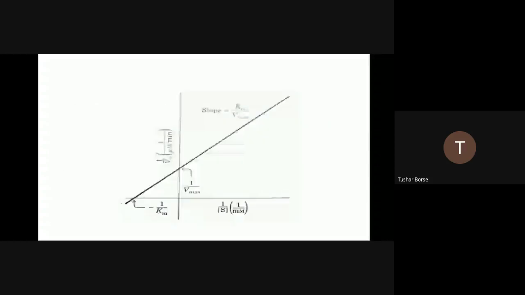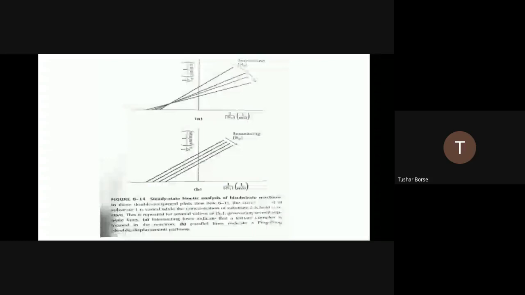We can plot these double reciprocal plots for three types of famous enzyme inhibition mechanisms: uncompetitive, competitive, and non-competitive, that is mixed inhibition. And by the appearance of this double reciprocal plot, we can analyze which inhibition is explained there. So it is that kind of useful. We'll come to the slide a little later.